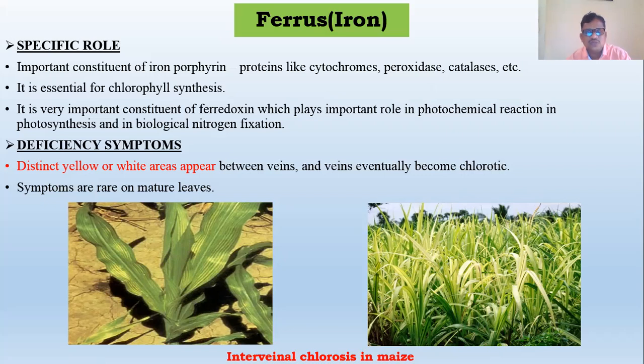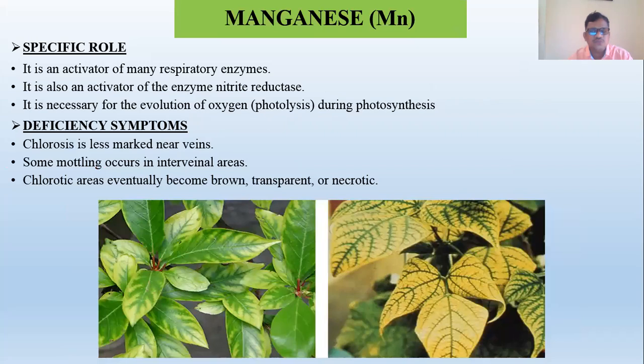Chlorotic means the color of the leaf area in between the veins becomes yellowish and then it eventually dies. Symptoms are rare on mature leaves. The deficiency symptoms of iron mainly occur on young and new leaves as compared to mature leaves. In the mature leaves it is very rare, and we are not able to observe deficiency symptoms on the old leaves.